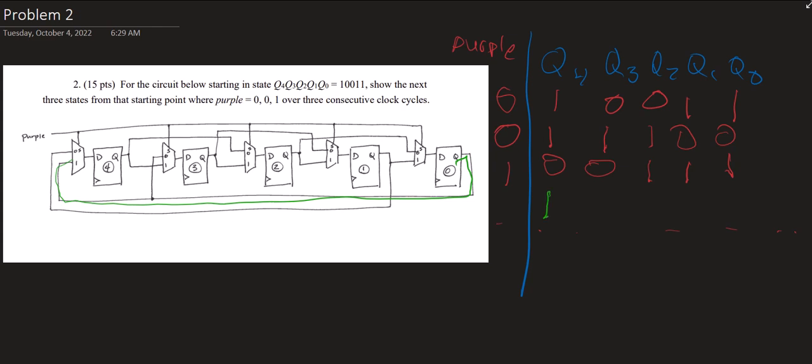For Q3, what's going into the 1 terminal is Q4, which is 0. For Q2, what's going into the 1 terminal is Q3, which is 0. For Q1, what's going into the 1 terminal is Q2, which was 1. And for Q0, what's going into the 1 terminal is Q1, which is 1.